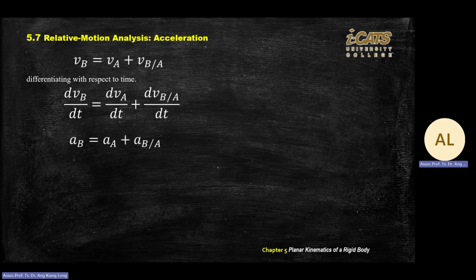Just to refresh what we learned before this, we have all this formula: VB equal to VA plus VB stroke A. When you differentiate with time, you get acceleration. This is what you learned before this. When you come to acceleration, you can break the third term, the acceleration of B stroke A, into normal and tangent directions.